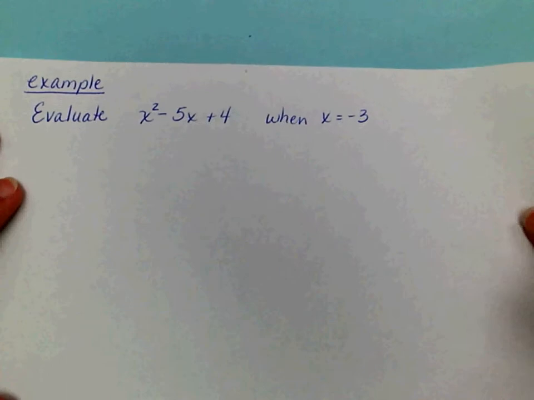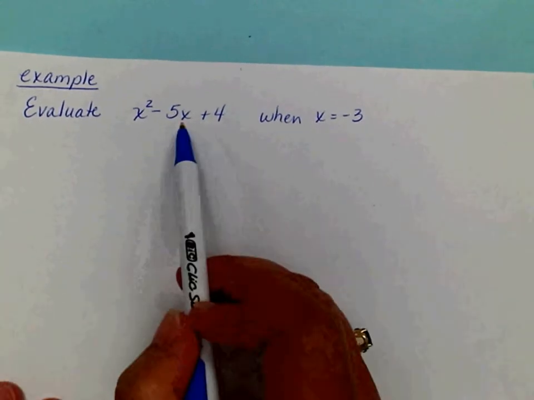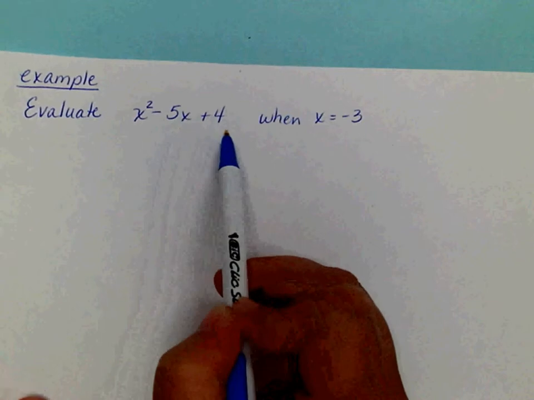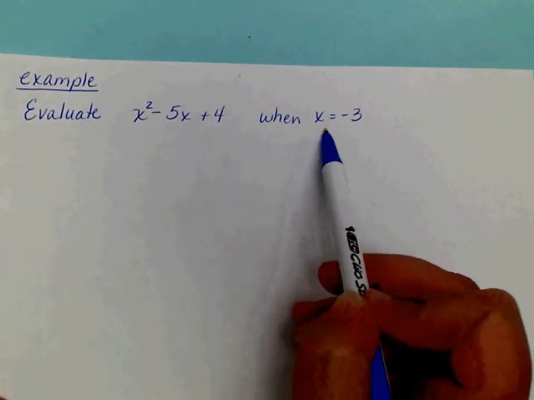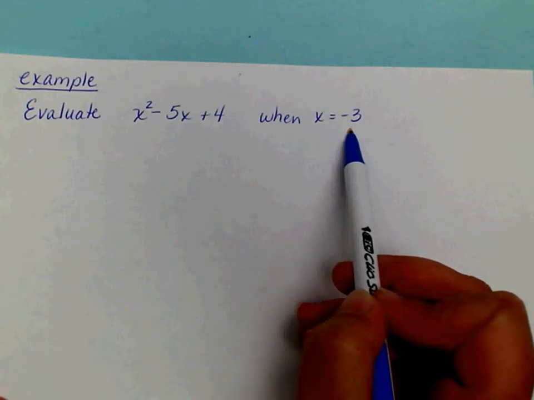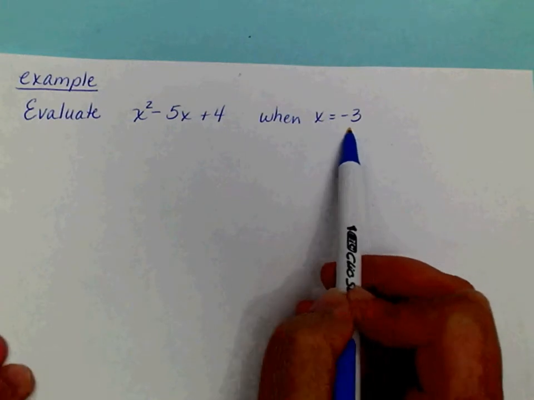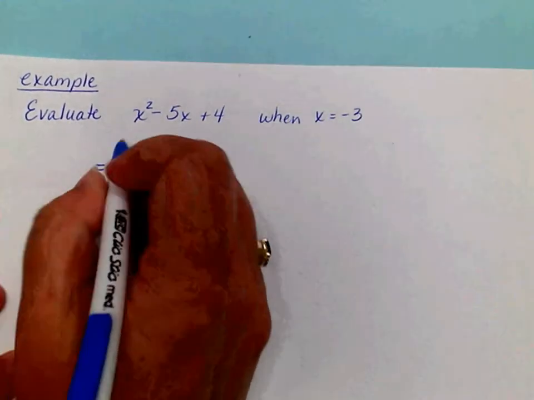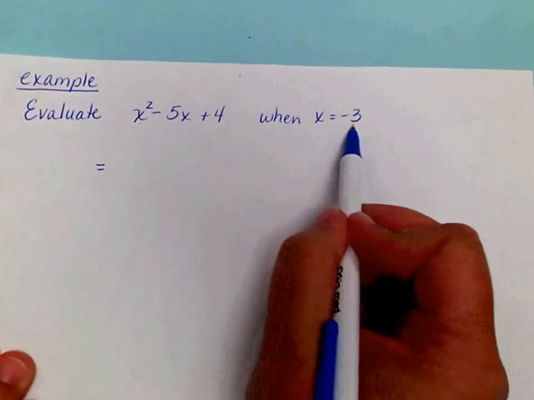Another example: notice we have the polynomial x squared minus 5x plus 4. We want to evaluate this expression when x is equal to negative 3. It is really important to use the parentheses when substituting our value, especially when you substitute in a negative number. In our expression, it starts out as x squared, but remember that x is negative 3.